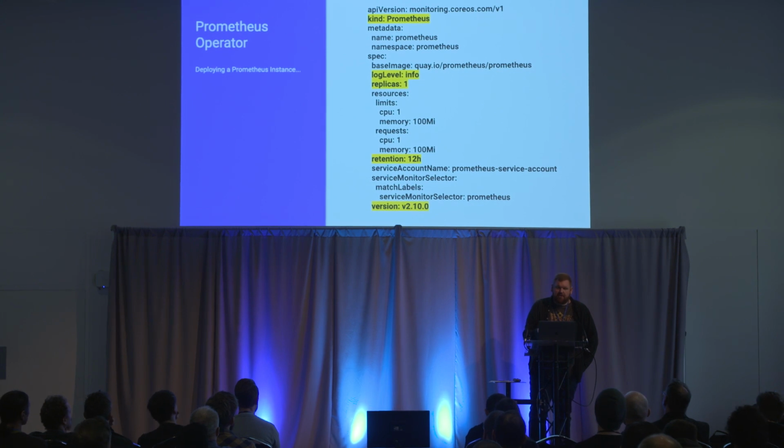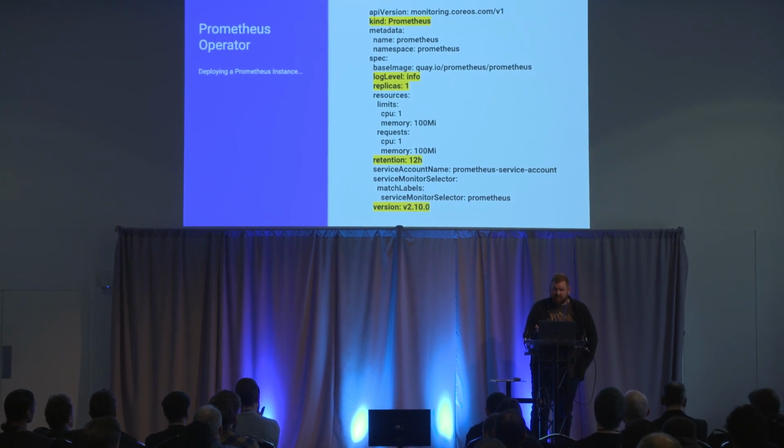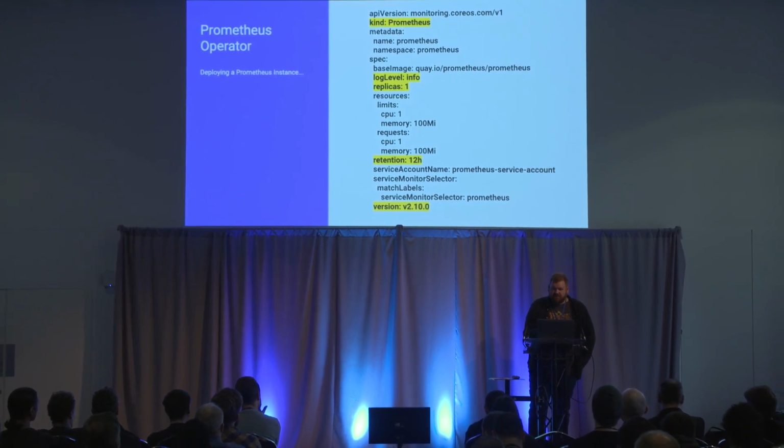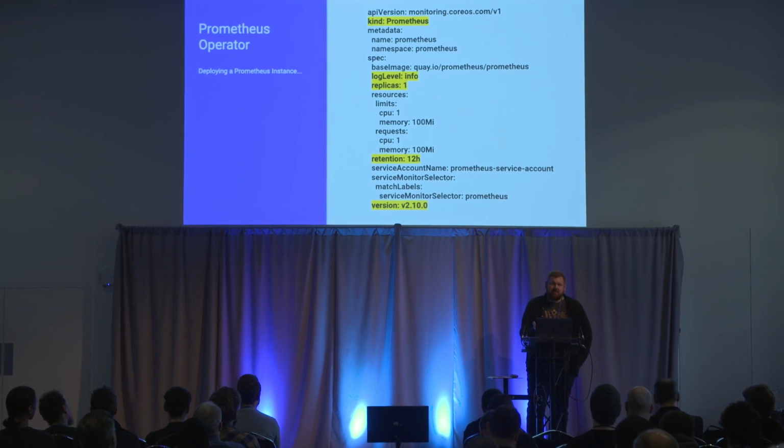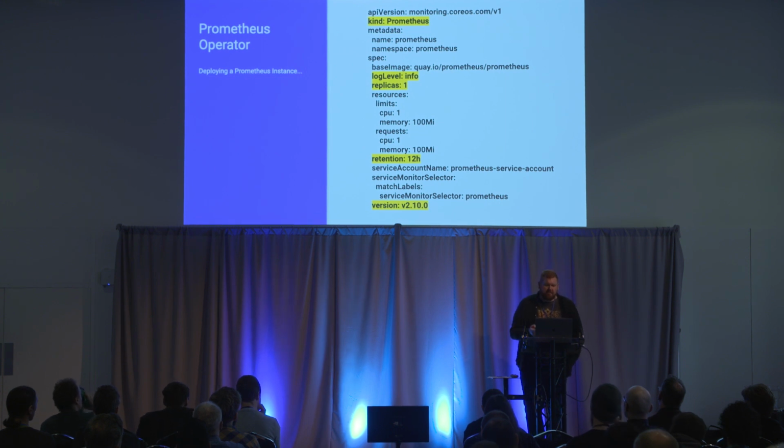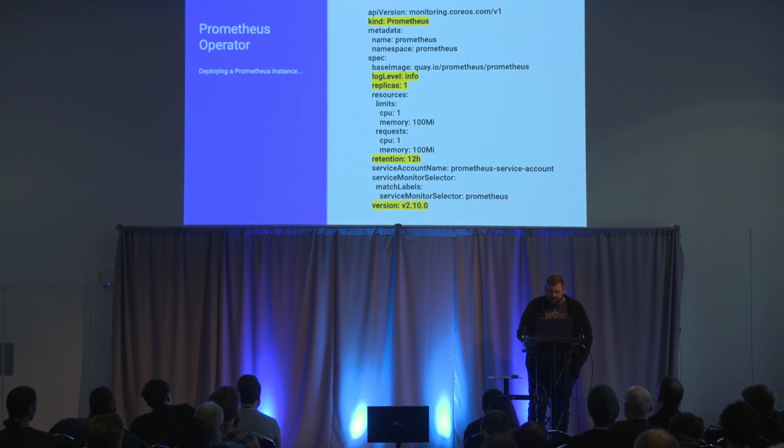Some of the other components I've highlighted are specific to Prometheus itself. There's an example in there of retention of 12 hours. This is me saying that the Prometheus that gets deployed into Kubernetes should retain its metrics for 12 hours. The operator will see that and automatically apply the configuration for that into Prometheus. I don't have to build any orchestration for that myself, it's fully automated.